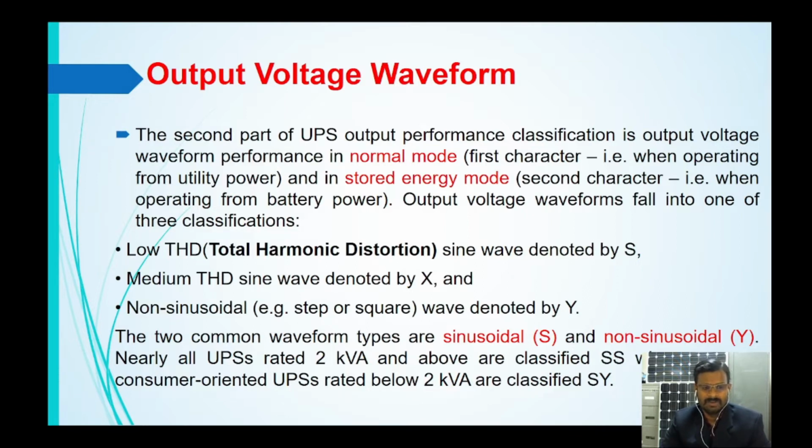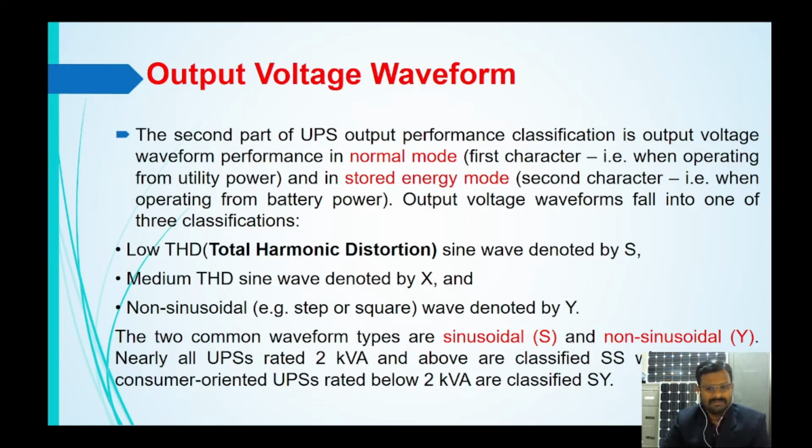Stored energy mode is in case of a power failure, when the energy stored in the battery is given to the load. During that time, what type of waveform do we have for the load? Based on these two, we again classify the UPS.